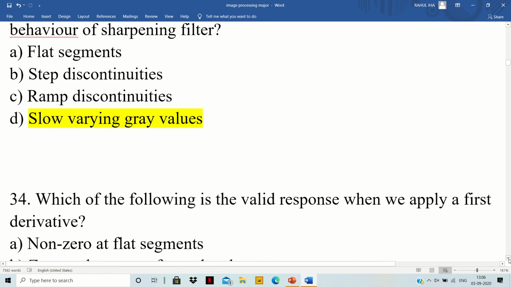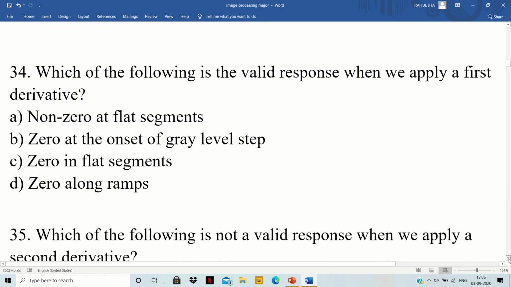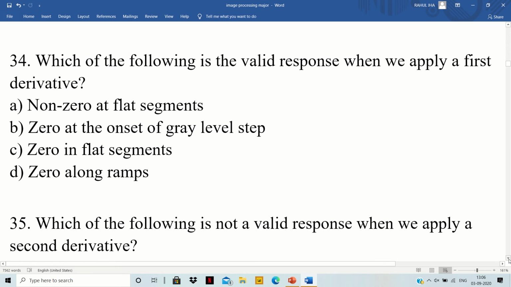Which of the following is the valid response when we apply a first derivative? Our options are non-zero at flat segments, 0 at the onset of gray level step, 0 in flat segments, 0 along the ramps.